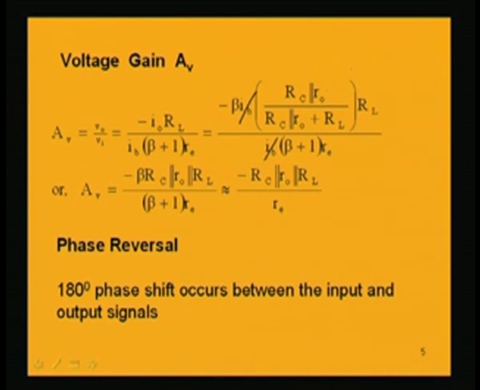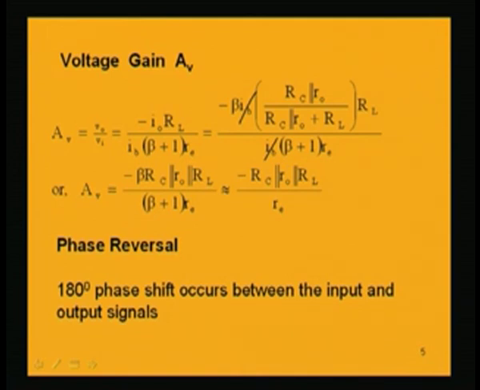The numerator term is nothing but the parallel combination of the three resistances RC, small r naught and capital RL, because RC parallel R naught into RL divided by RC parallel R naught plus RL is the parallel combination between these. So finally we have a parallel combination of all three in the numerator, divided by beta plus 1 into RE.